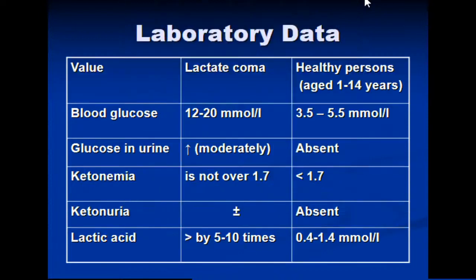Now, laboratory data. Blood glucose around 12 to 20 millimole per liter, not high. Glucose in urine increases moderately. Ketonemia is not over 1.7. Ketonuria sometimes may be present, maybe absent. Lactic acid more by 5 to 10 times.